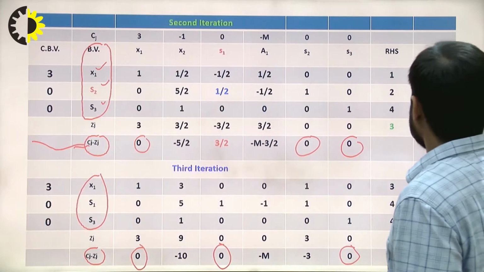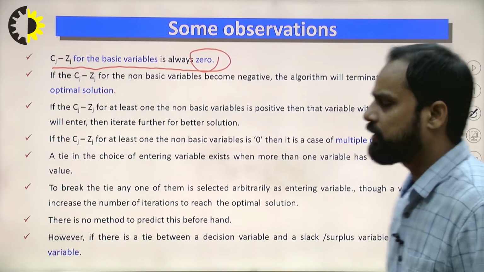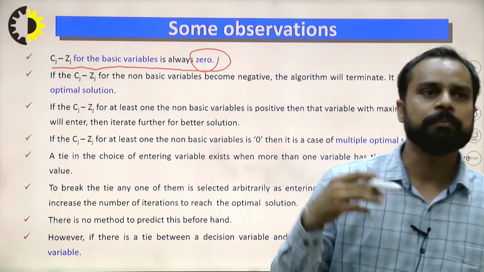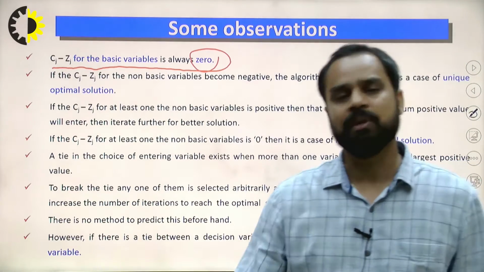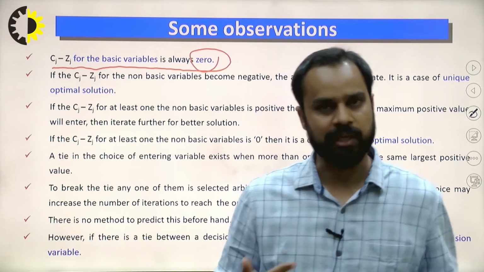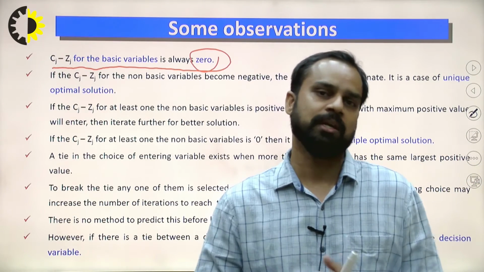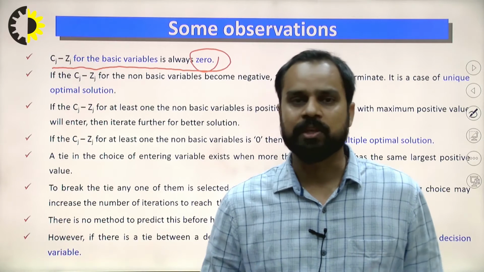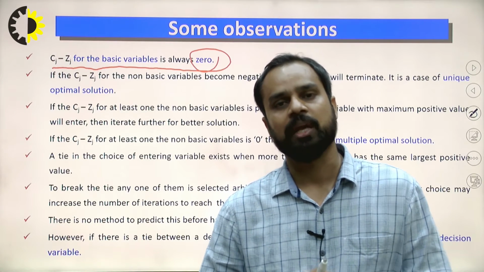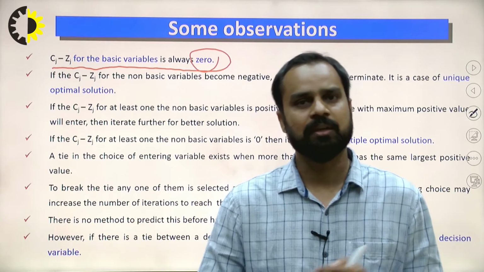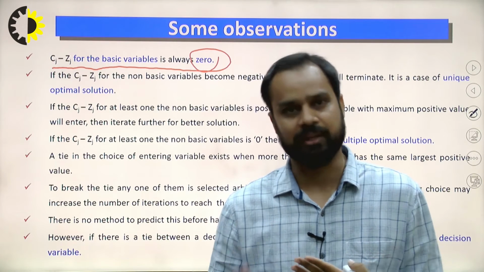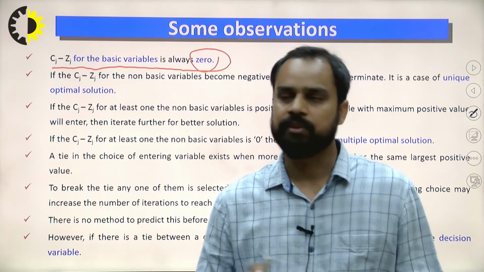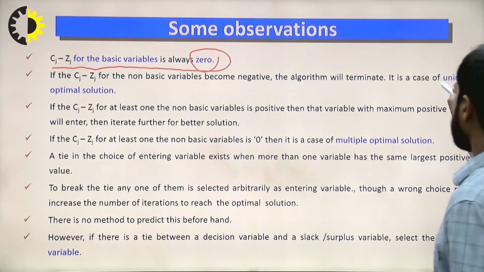Another observation you have to keep in mind so that you always solve problems correctly. If Cj minus Zj for all non-basic variables become negative, the algorithm will terminate. This is the termination criteria. If you are solving any LPP by using the simplex method, and all non-basic variables are negative, then the problem has a unique optimal solution.